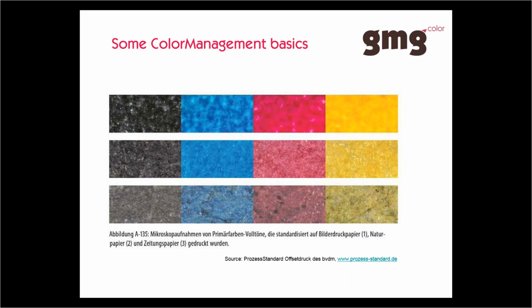But I think we would all agree that on the different papers, this is something like the same cyan, magenta, yellow, and black. They are just showing a different result through the limitations of the paper they were printed on, but we would still agree that it's the same ink or the same color which is used actually. So this image perfectly shows common appearance.